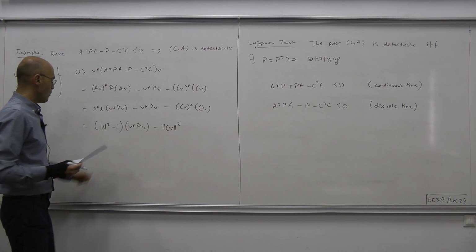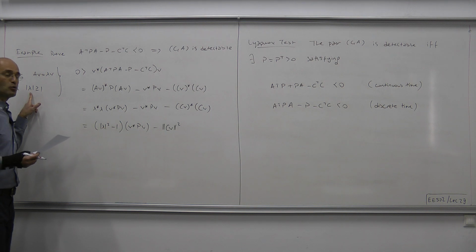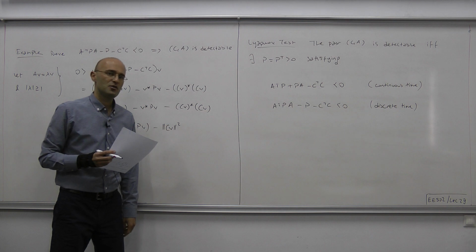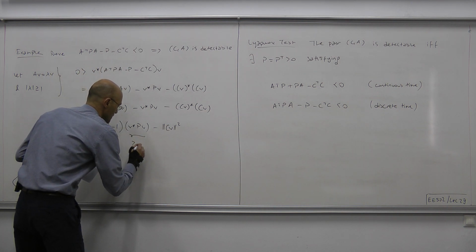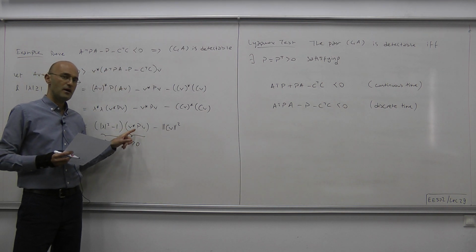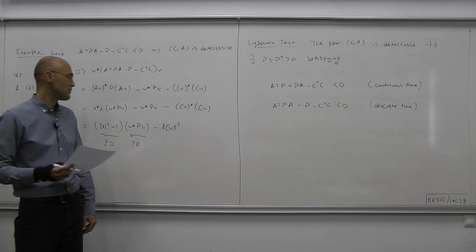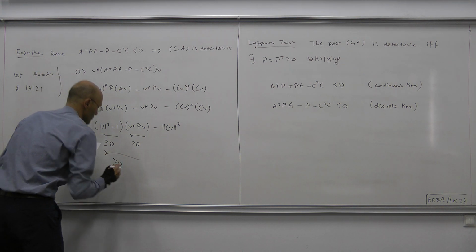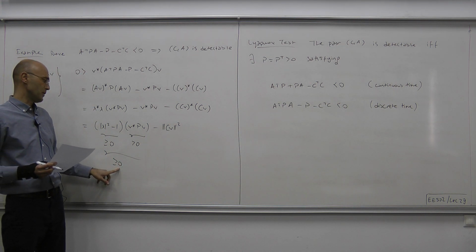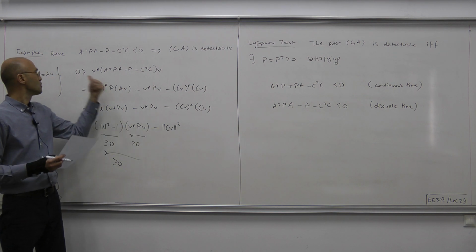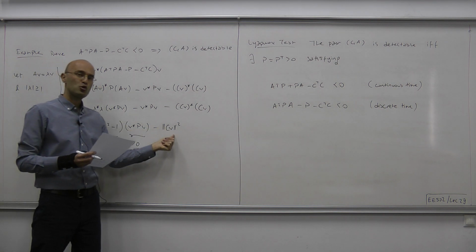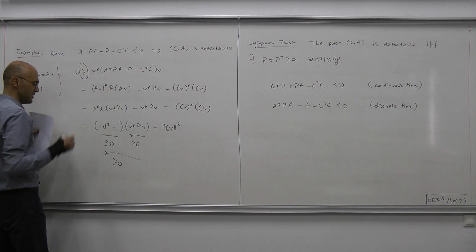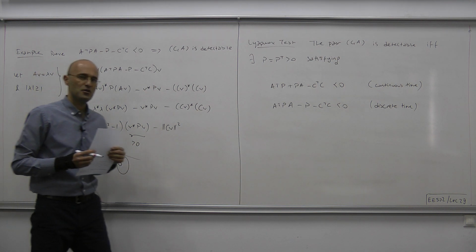Now what we know is that this is greater than or equal to 1, therefore this is greater than or equal to 0. This thing is positive because V is non-zero and P is a symmetric positive definite matrix. So this whole thing therefore is less than or equal to 0. Now take this to the other side, and what we have is norm square of CV is strictly greater than 0.